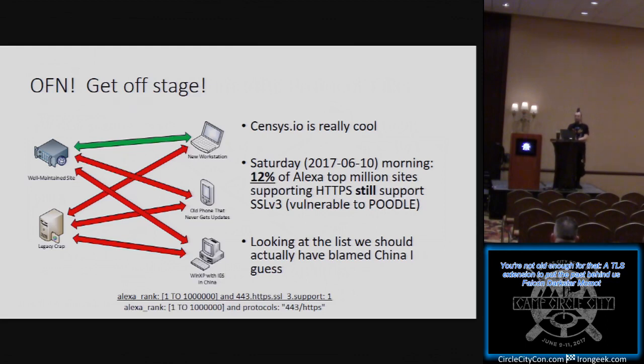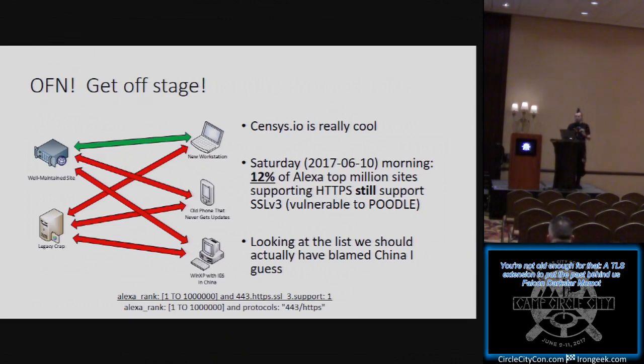Most of the sites in this, actually, maybe I shouldn't have blamed Russia because it turns out they were almost all Chinese sites, Baidu, 360.cn, things like this. I submit that there's a reason for that. It seems to be uniquely hard to get rid of Internet Explorer version 6, which technically does support TLS 1.0, but you have to turn it on, and TLS 1.0 is vulnerable to these sorts of things anyway, so no one bothers.